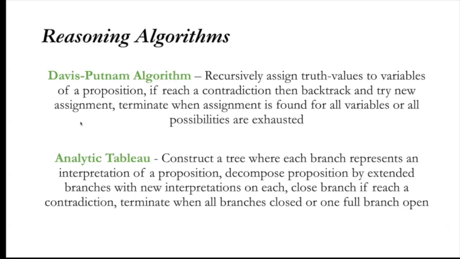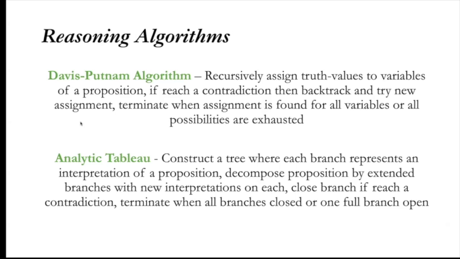If at any point it reaches a contradiction, it starts over. Because it's binary, it starts with all falses, and if it hits a contradiction, it goes back to the beginning and says true, false, false, false, false, false, and iterates through that recursively. It can terminate when an assignment is found for all variables, and if all possibilities are exhausted, then you've learned some information. If all of them lead to a contradiction, then your proposition is unsatisfiable. No, bad. You did something wrong. You said something like P and not P, right?